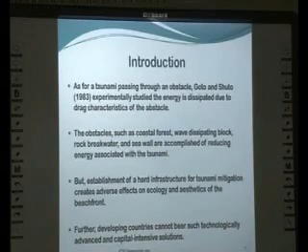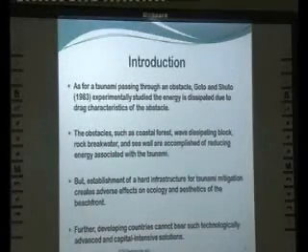The obstacles include coastal forest, wave dissipating blocks, rock breakwaters, sea walls, etc. If we can establish one of these obstacles at the coastal areas, we can reduce the energy associated with the tsunami to some extent.